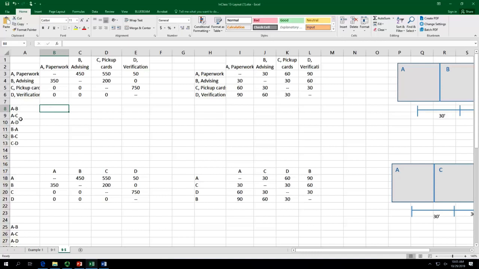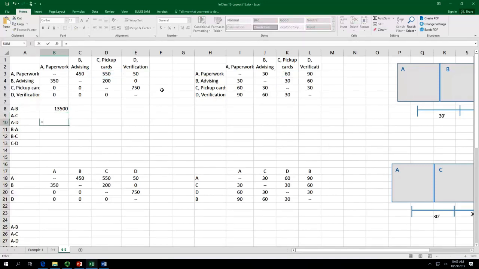Then we want to find out all of the cases, like from A to B. This is 450 times 30, right? From A to C, 550 times the distance of 60.